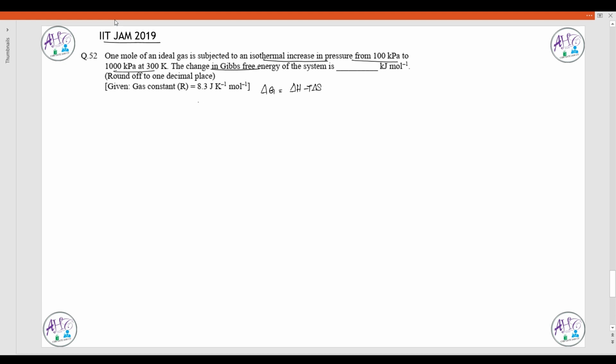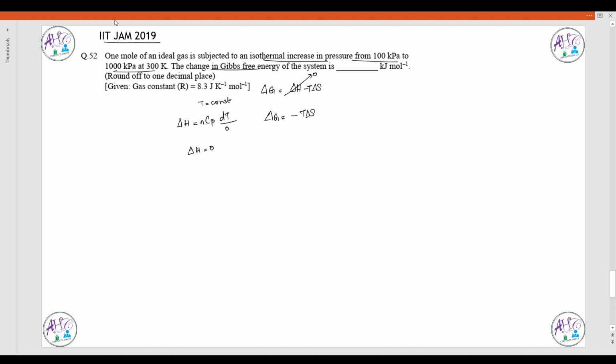If T is constant, how is del H related? del H is equal to n Cp dT, where Cp is the molar heat capacity. Since temperature is constant, your dT term will be 0. So your entire del H will be equal to 0. So your del G will be equal to minus T del S. For the isothermal condition, your del H will be equal to 0.